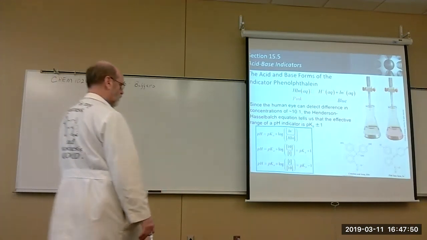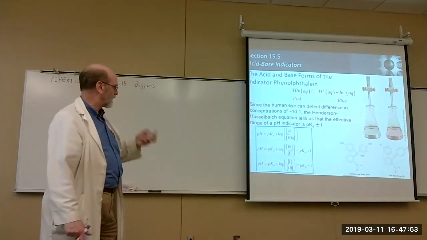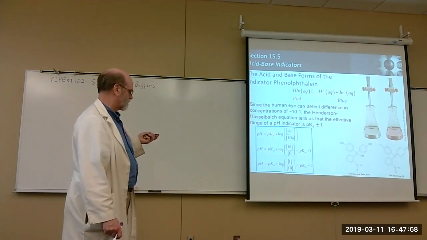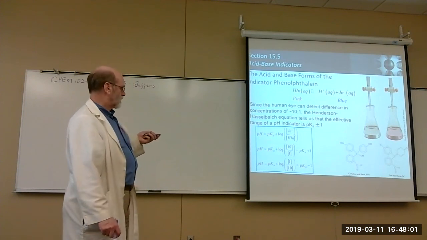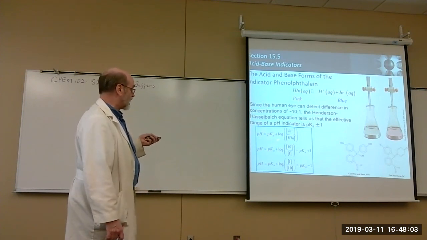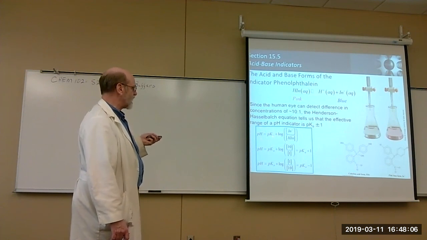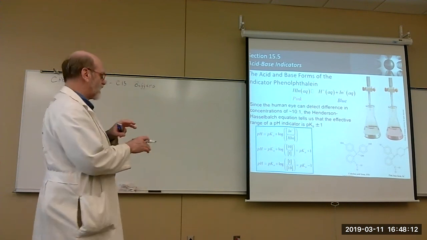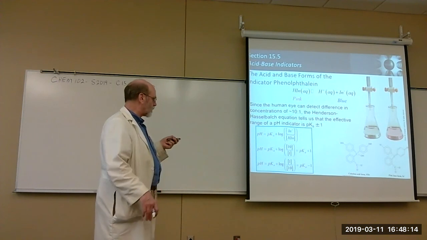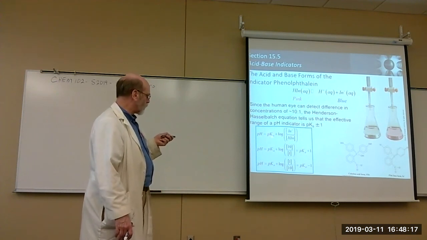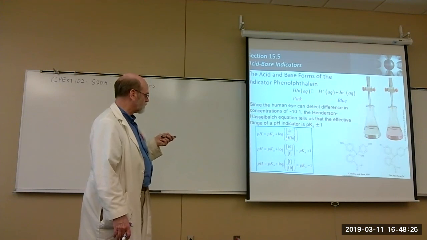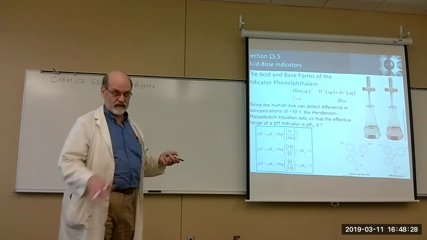Okay, so we drag out Henderson-Hasselbalch again, and we find out, all right, where's that pH for the pKa? Well, it could be anything. The pKa could be, we had an absolute value for phenolphthalein, but it doesn't matter. Whatever indicator you have, you want to know the pKa, and then you want to know the ratio of the conjugate base to the acid, the weak acid that is the indicator.